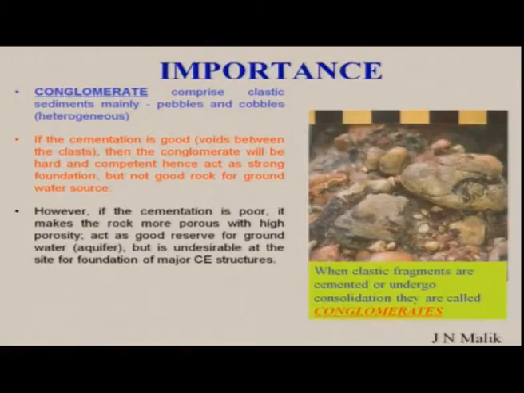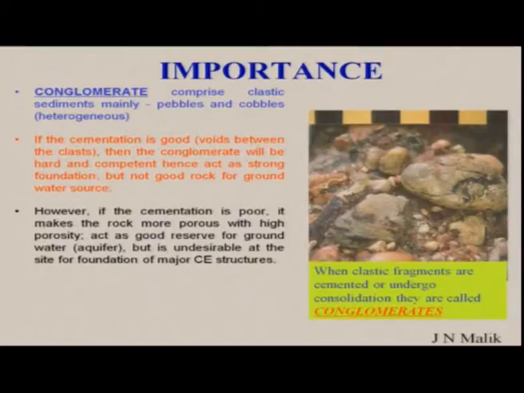However, if the cementation is poor, it makes the rock more porous with high porosity. So in that sense, it is a good reservoir for groundwater, or a good aquifer, but it is undesirable at the site for the foundation of major civil structures. So when you come across conglomerates, you need to know what type of cement it has.